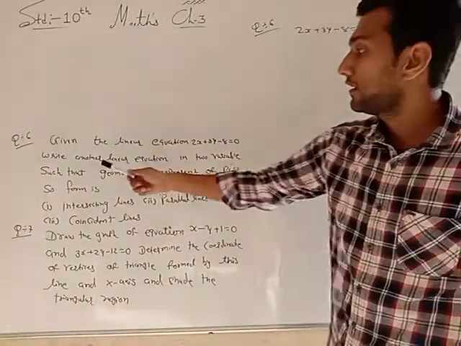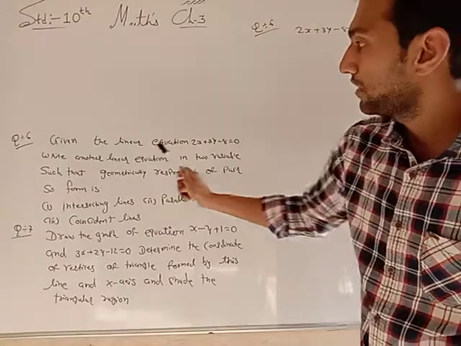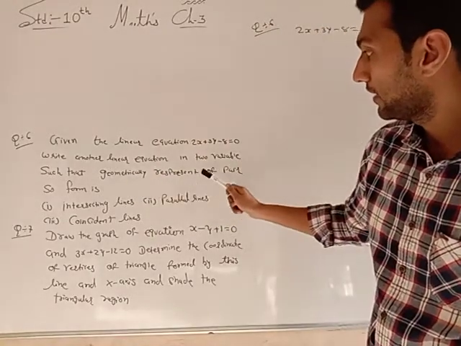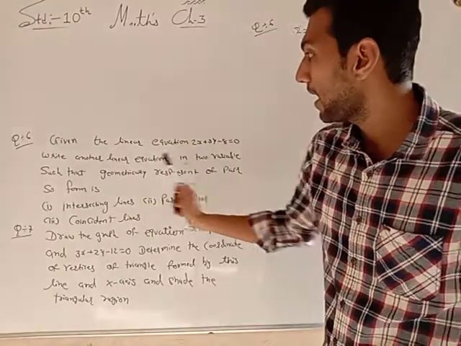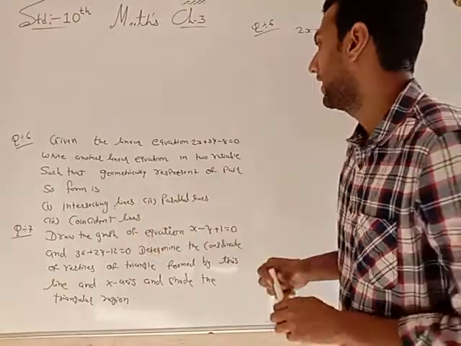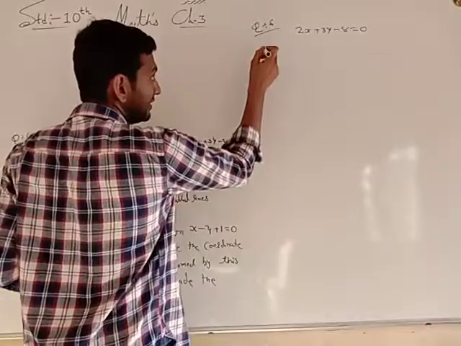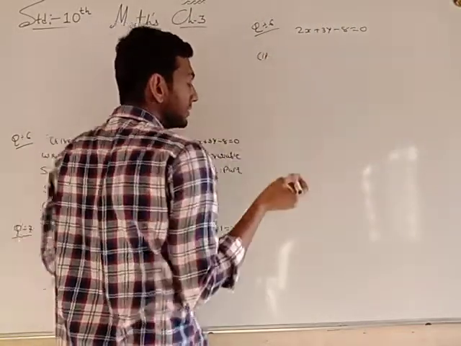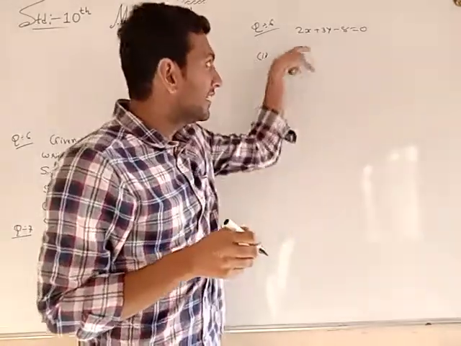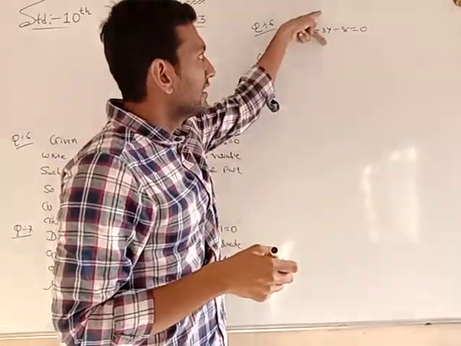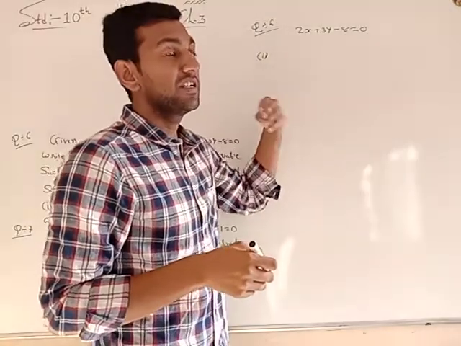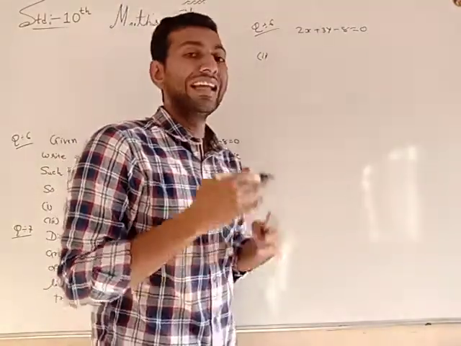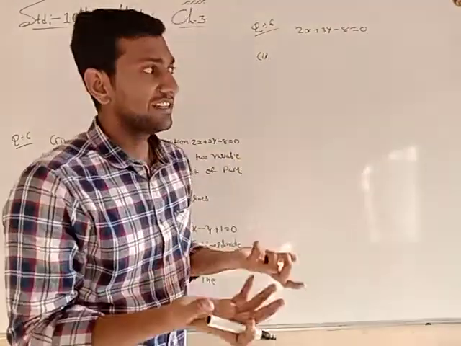Now write another linear equation in two variables such that the geometrical representation of this pair is in the form of intersecting lines. In this question I want another equation such that the graphical representation of these two equations is intersecting. So what is the rule?